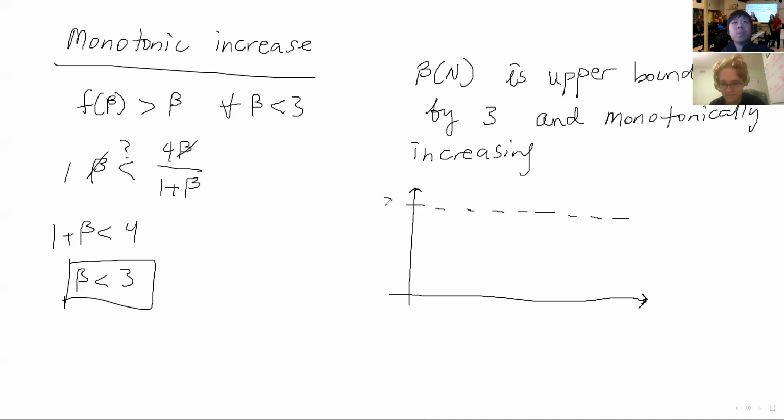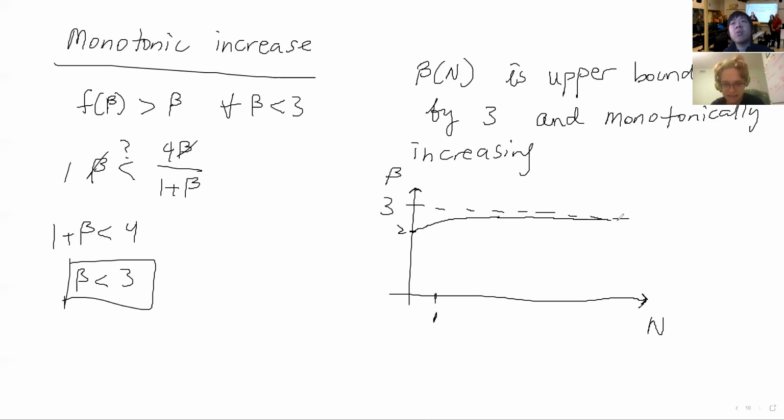Anyways, so this is 3, and this is what beta is, the constant factor on the effective mass, and this is n, which is the number of iterations of the Atwood machine that we have. So at 1 it starts at 2, and it's just going to get closer and closer to 3, but it's never going to pass 3.